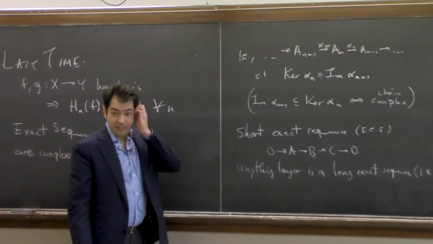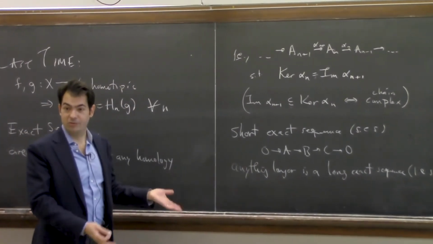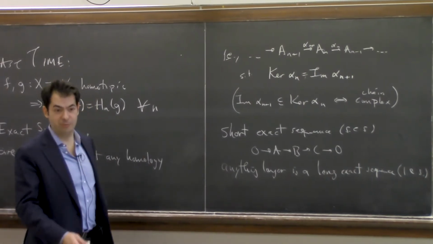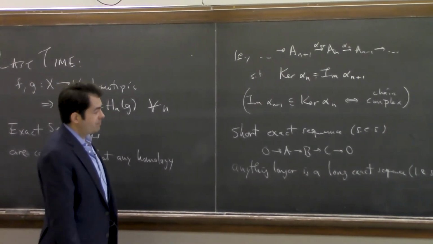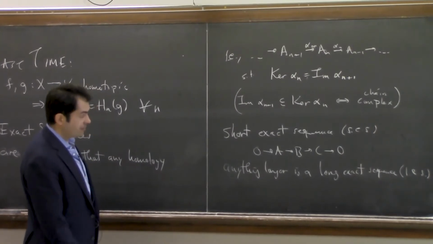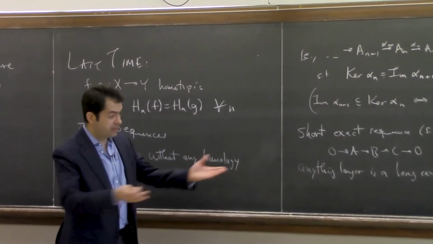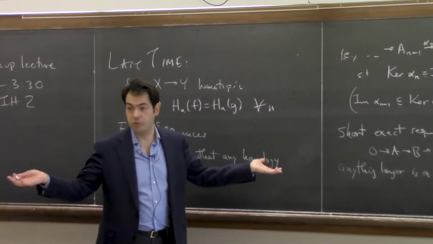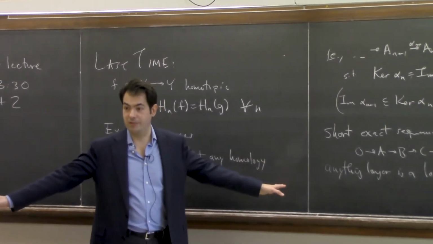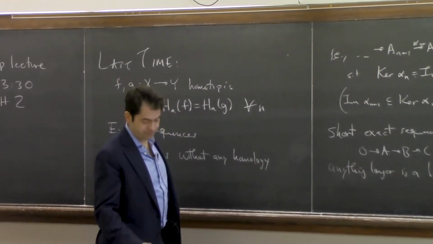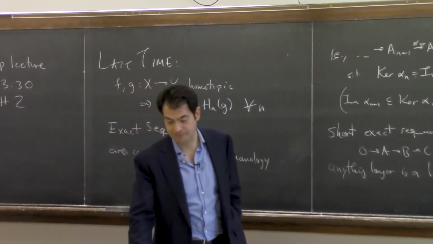As we mentioned last time, you could just call it an exact sequence, and there's really no content to adding the long, but we do. They could be infinite in either direction, but usually they have zeros eventually. So we'll see lots.